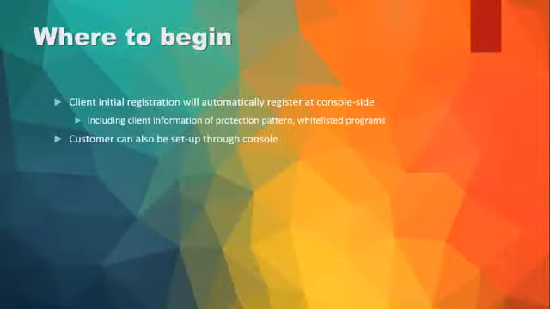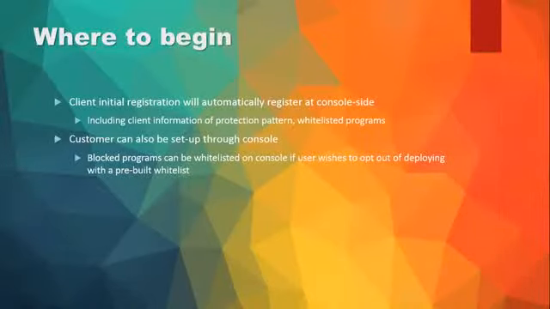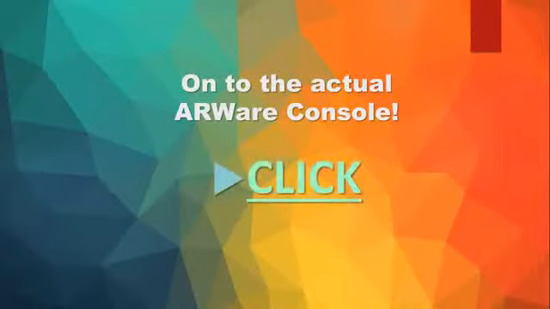Of course, this is not the only way the user can register their customer. They can also set up the customer through the console. And once the installation runs on the PC, the client's details will appear at the console under the Devices tab, which I will demonstrate later. Okay, so now that we have completed that brief presentation, let's move on to the actual console.